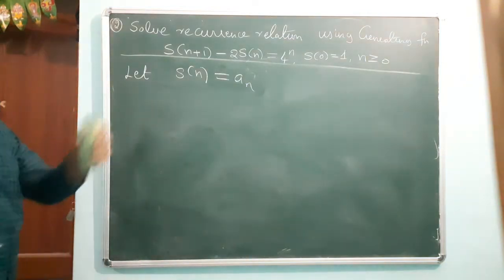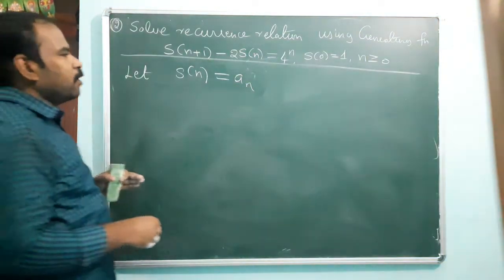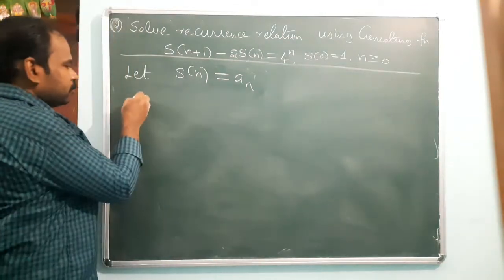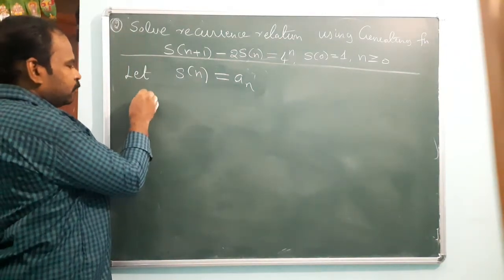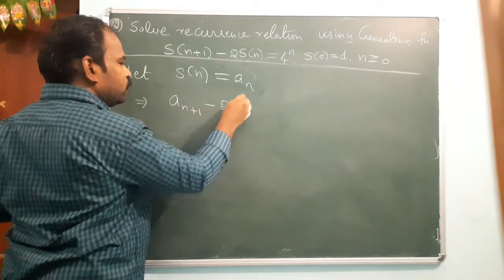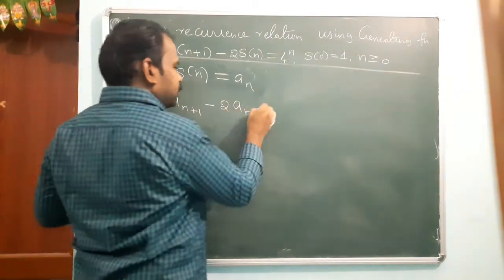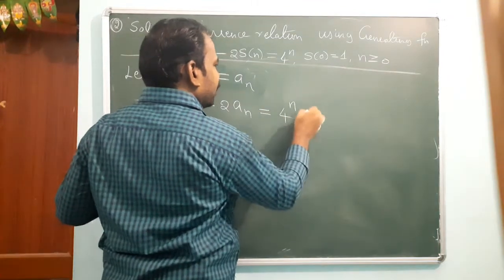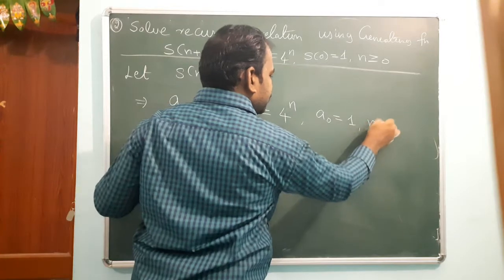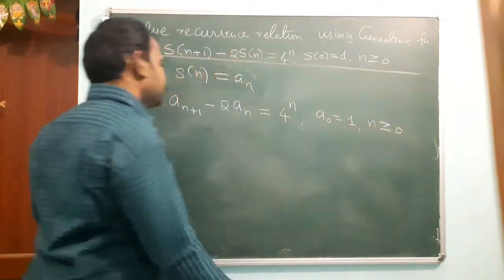This a n is our notation. So I convert this problem into our notations. Then we have a n plus 1 minus 2 a n is equal to 4 power n, a 0 equal to 1, n is greater than or equal to 0.